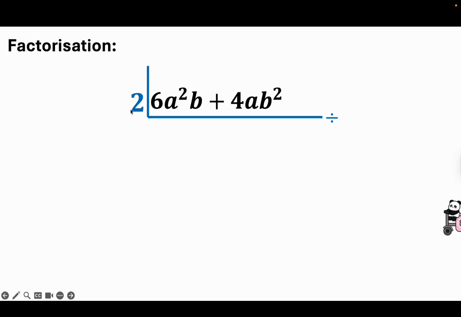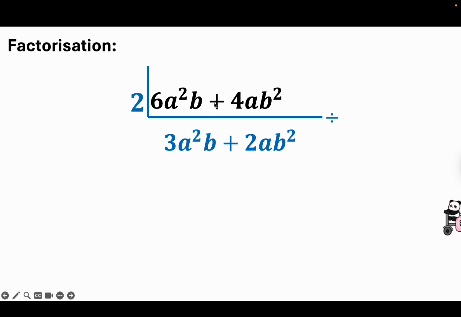Next step, you just write the results down below this bar. After we've done 6 divided by 2, you get 3, and then you copy everything else down.